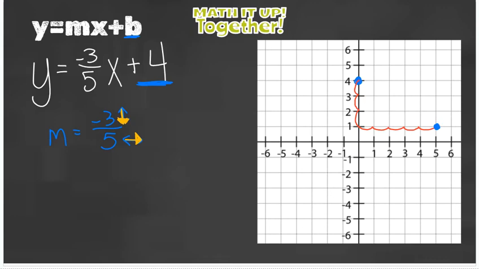So now I know that the line is going to form here. There we go. And because this is a line and not a line segment, I am going to give myself arrows on both sides to indicate that it keeps going in both directions forever and ever.